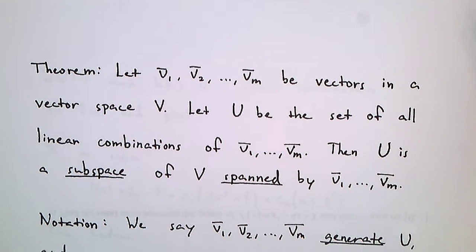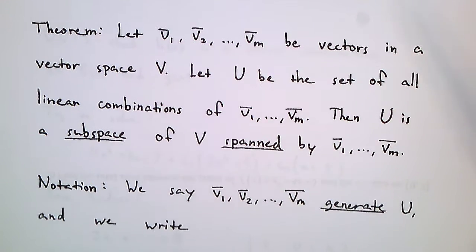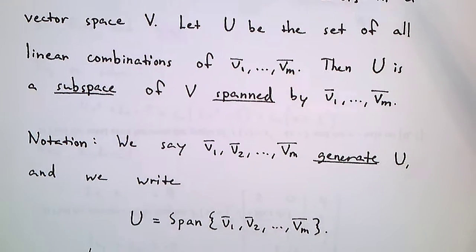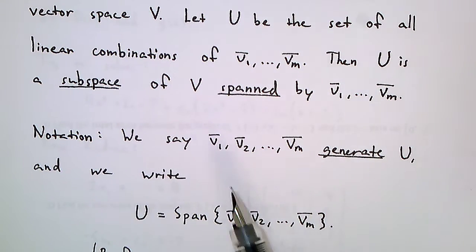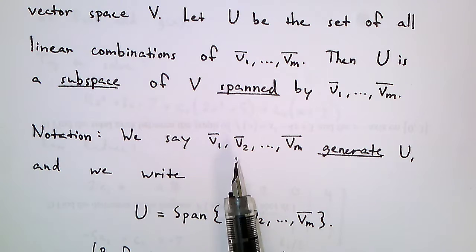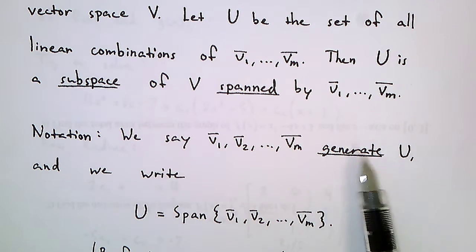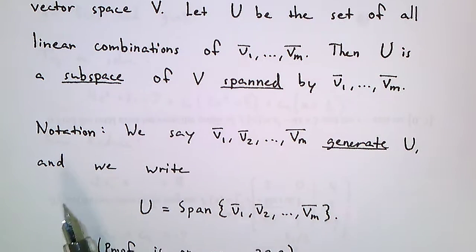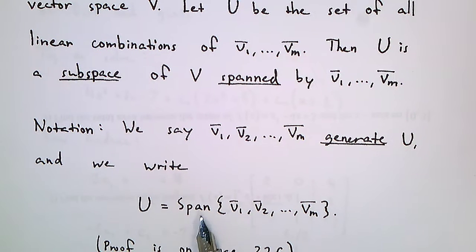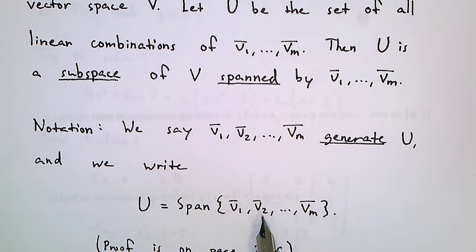And there's a little bit of notation that goes along with this theorem that you should be aware of. So in the case of this theorem, we say that v1, v2 through vm generate U, and we write U is equal to the span of the set containing v1, v2 up through vm.